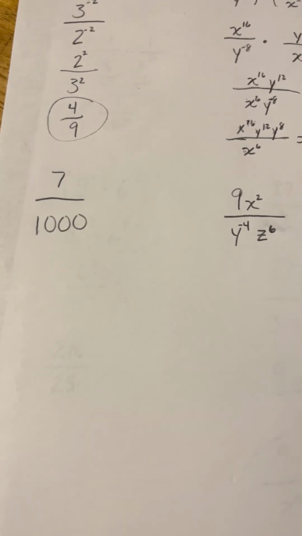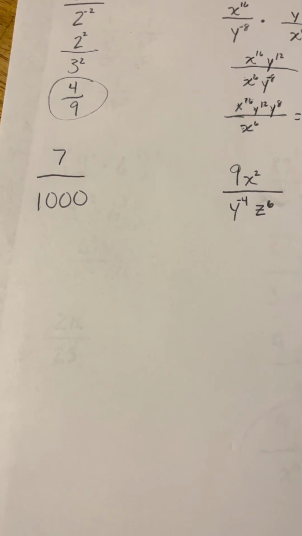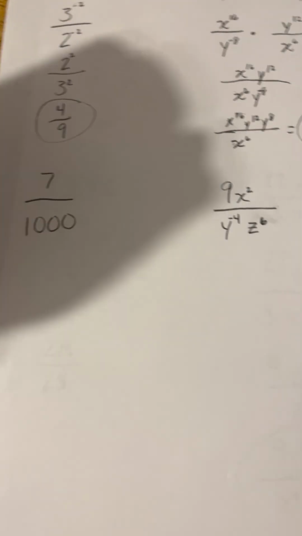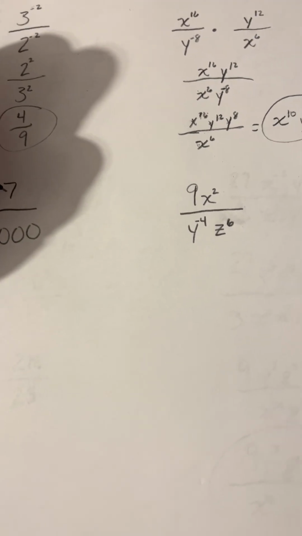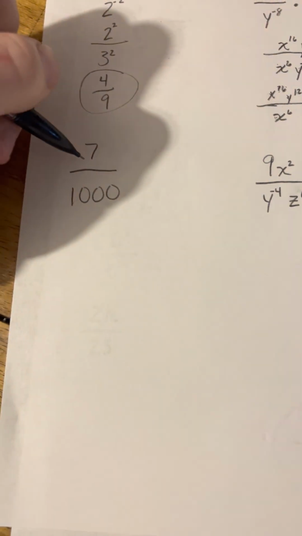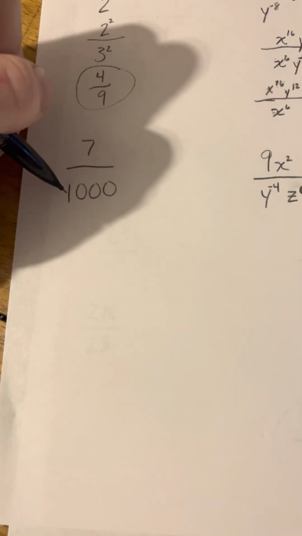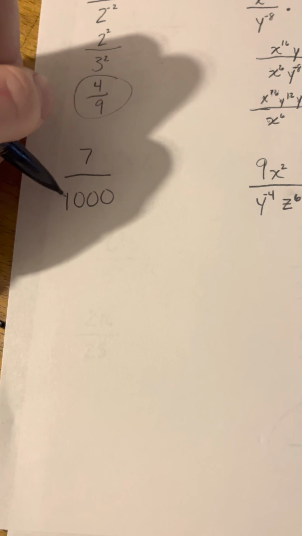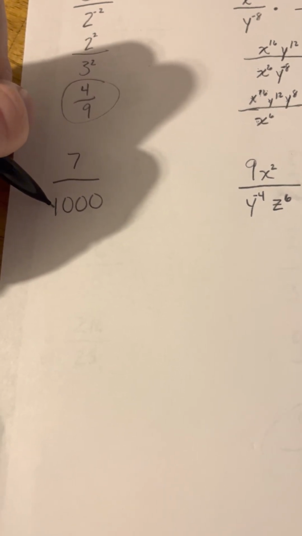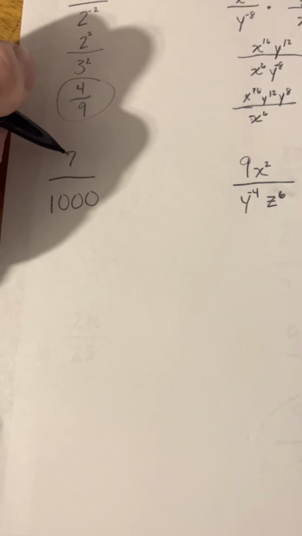These last couple problems, I think the directions said to write them without any fractions. So the way you'll do this is, it looked like the three problems you had were all factors of 10. So here we need to change this into where it will have an exponent.